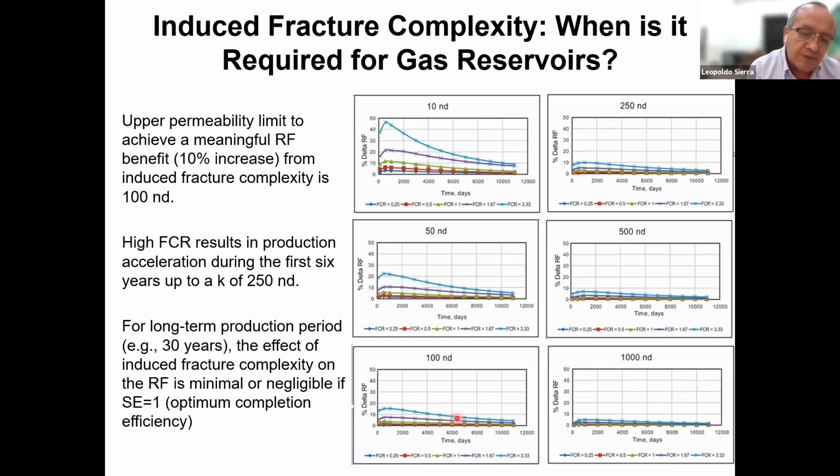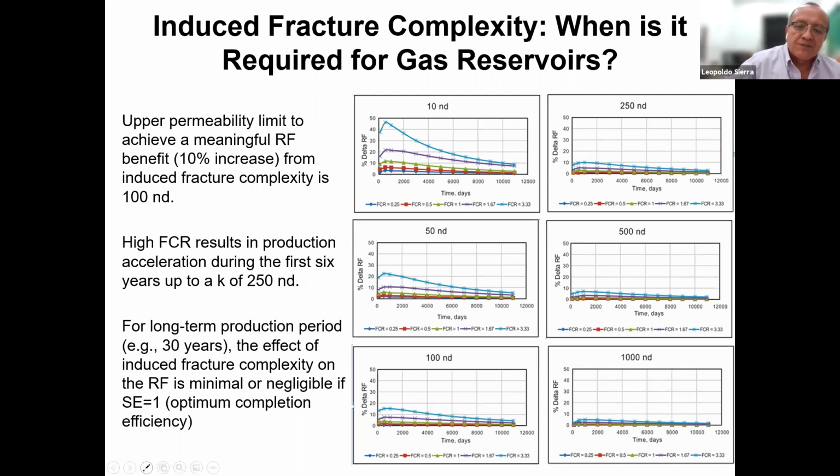But if the permeability of the formation is higher than 100 nanodarcies, it means that we don't always need to use slick water. So we can use a different type of fluid system to try to generate a more optimum fracture.